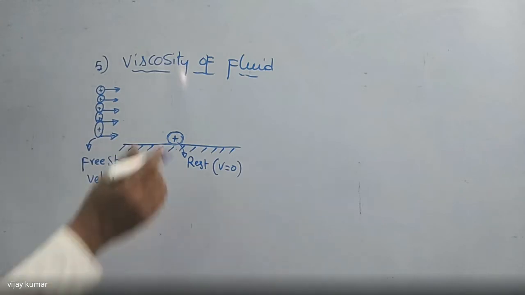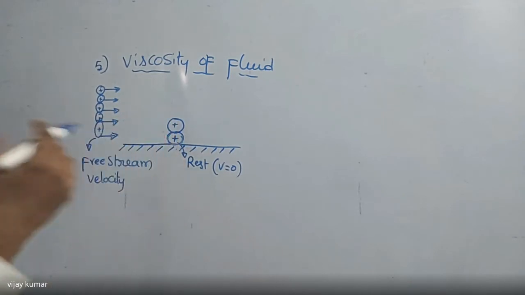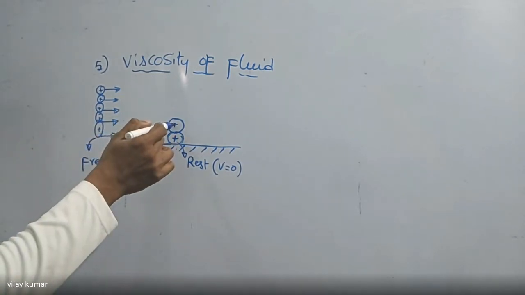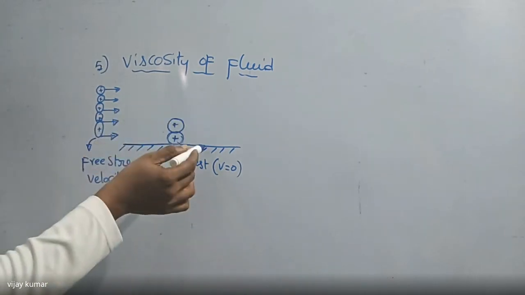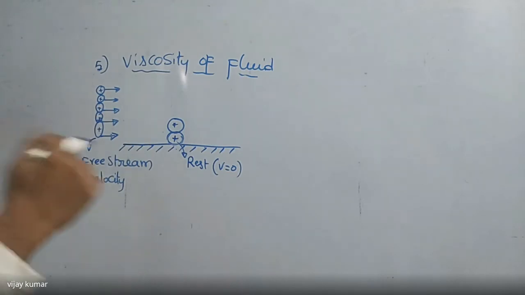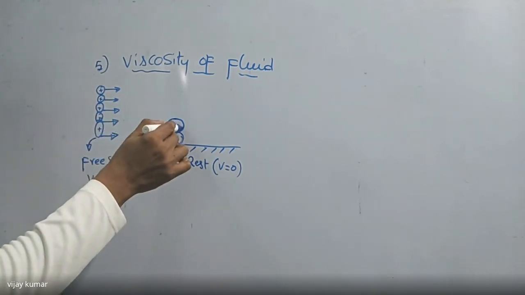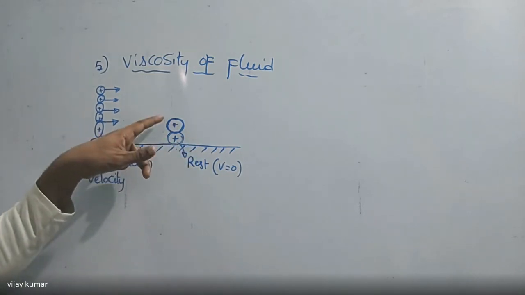Then what about the particle above this particle? This particle is not in contact with the boundary, but it is in contact with the particle below. Its velocity is never equal to zero. If it were in contact with the boundary, its velocity would also be zero.